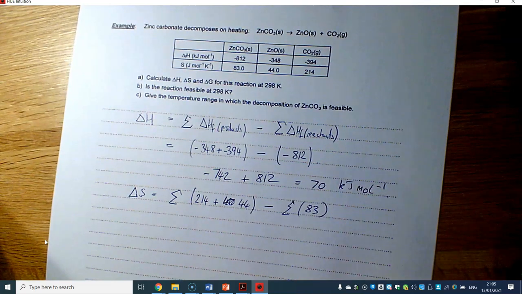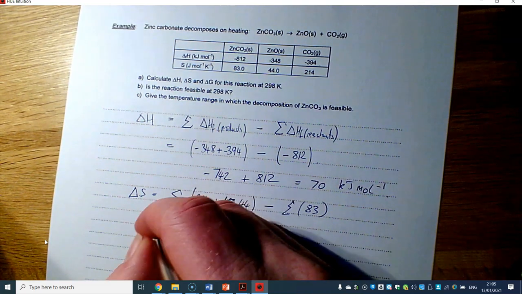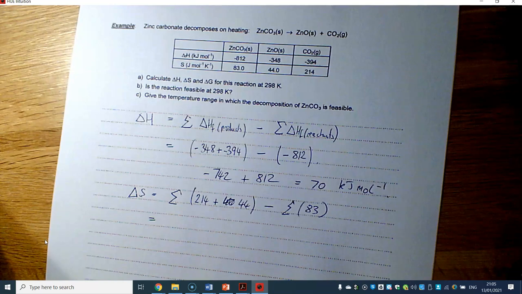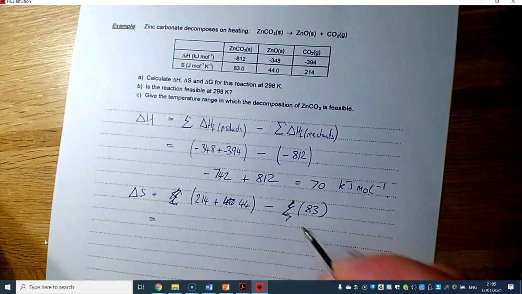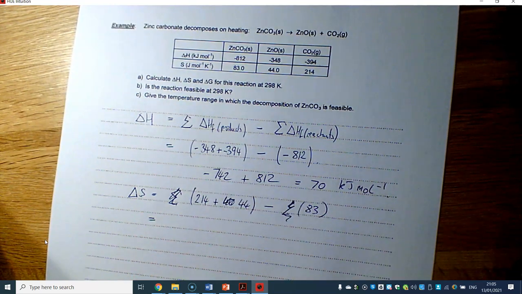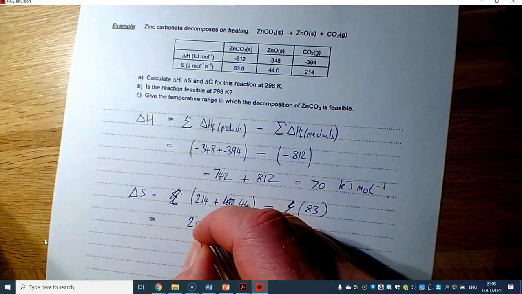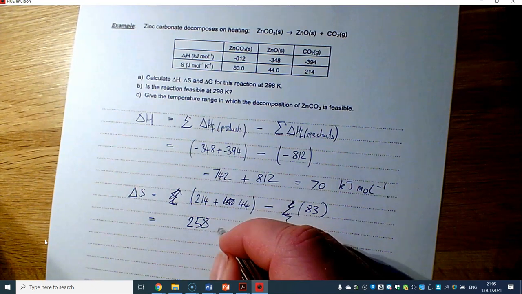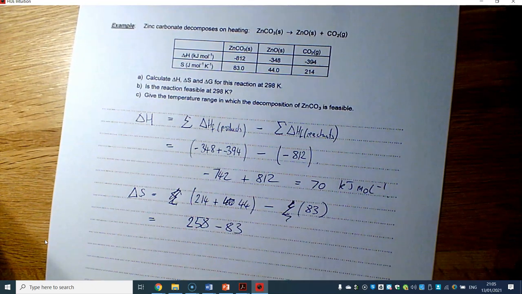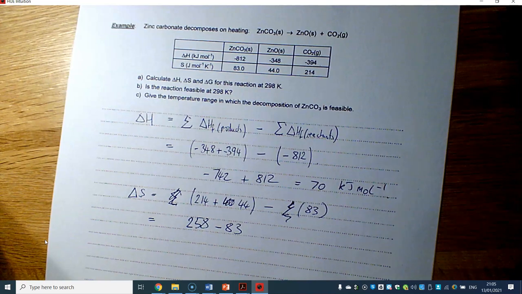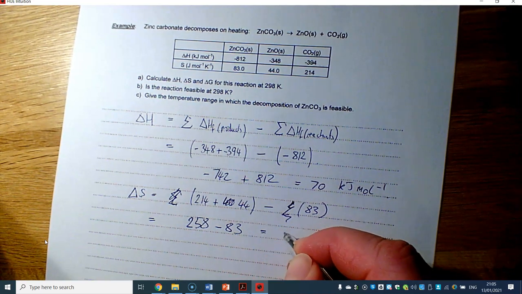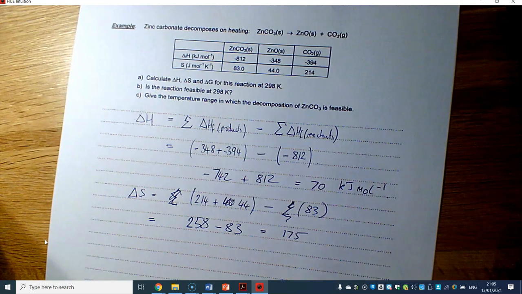Just write 83 there. And 214 add 44 is 258 minus 83. 258 minus 83 comes to 175. And so that's an increase in entropy, isn't it?